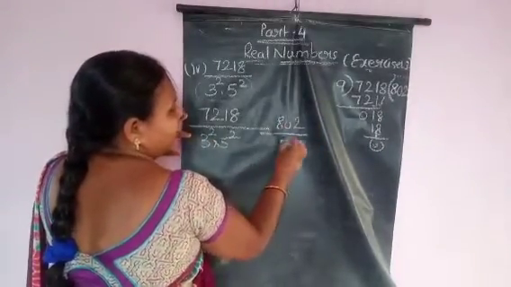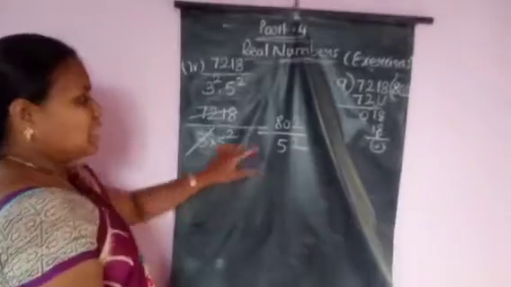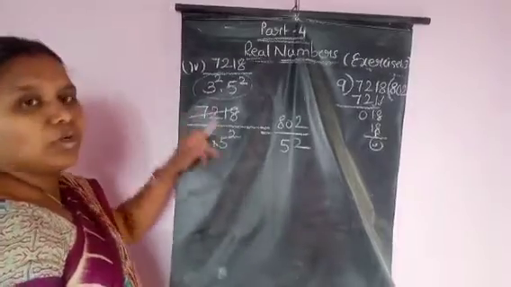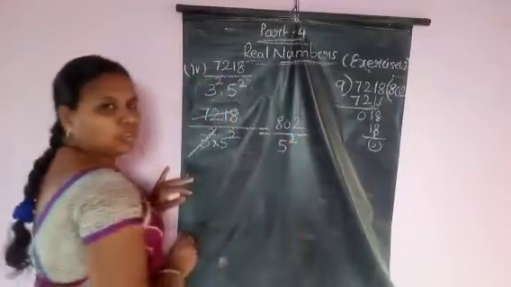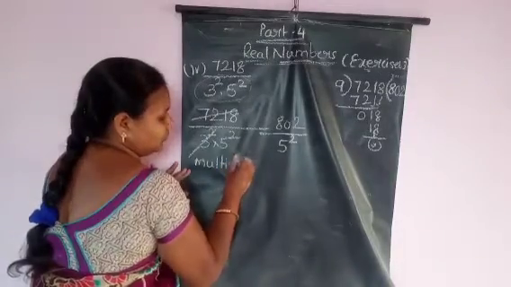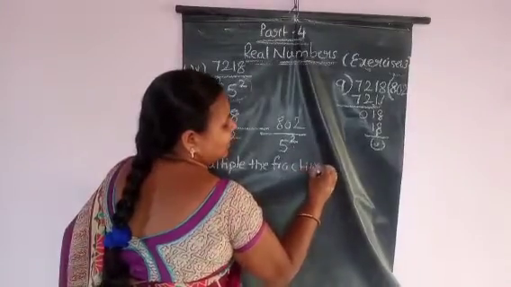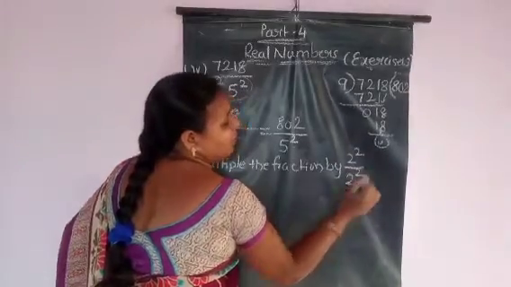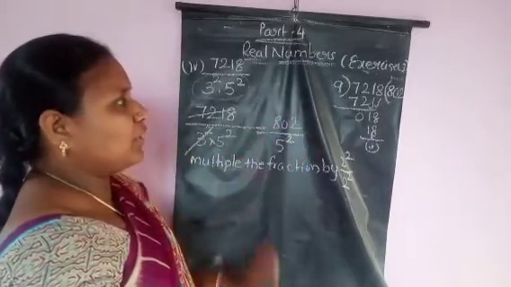So it is equal to 802 by 5 to the power of 2. I have cancelled this by this. So it is 5 to the power of 2 in the denominator. To convert this into decimal form, here it is only 5 to the power of 2, so multiply the whole fraction by 2 to the power of 2 into 2 to the power of 2.